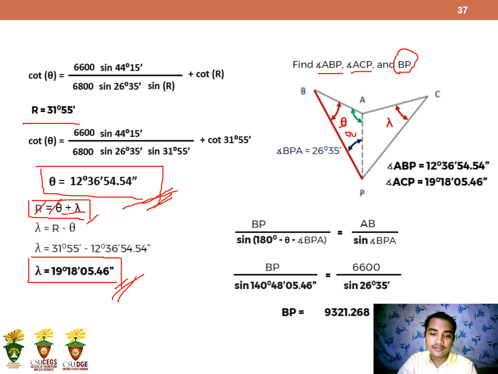Substitute, and you have this equation: BP over sine 140 degrees, 48 minutes and 05.46 seconds, equals 6,600 all over sine alpha, which is 26 degrees and 35 minutes. So we can now have the value for BP to be 9,321.268 meters. This is our answer to the third part of the problem.